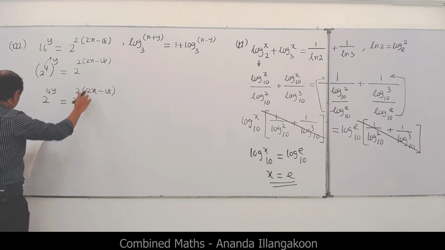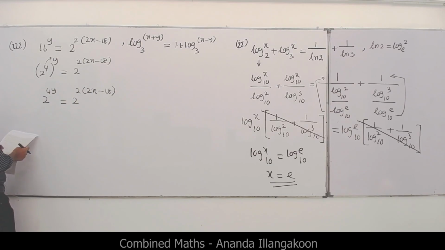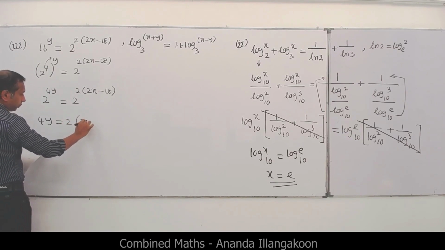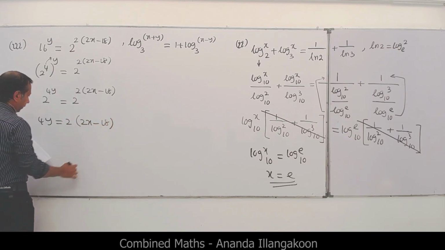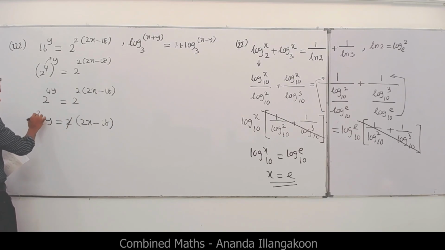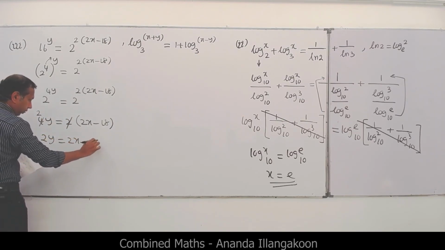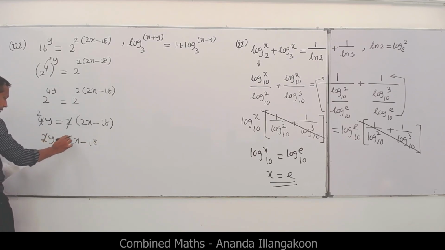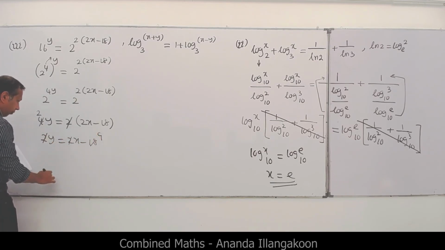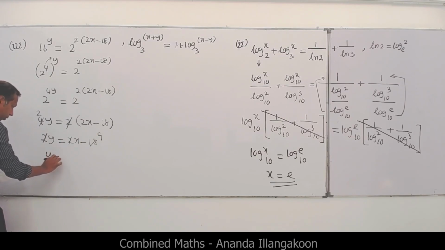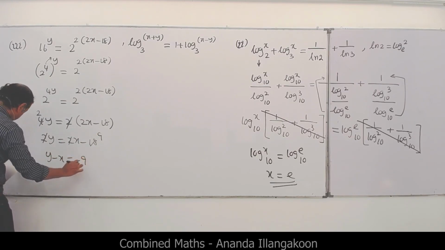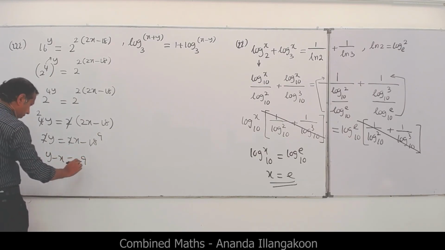The exponents we can equate. Then we get 4y is equal to 2 times 2x minus 18, divided by 2: 2y is equal to 2x minus 18. Again we can divide by 2. We get 9 here. Then we get y minus x is equal to minus 9. Equation number 1.